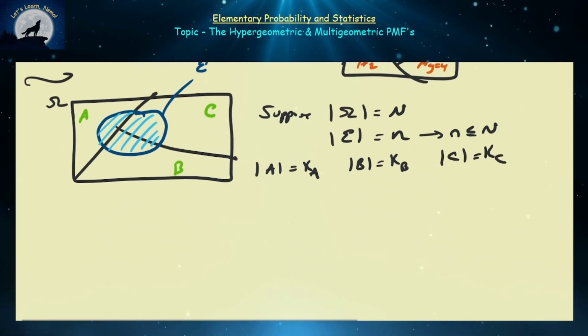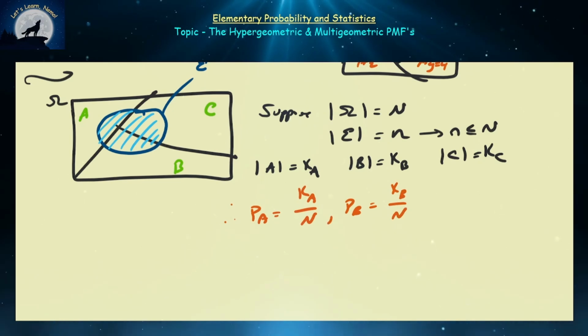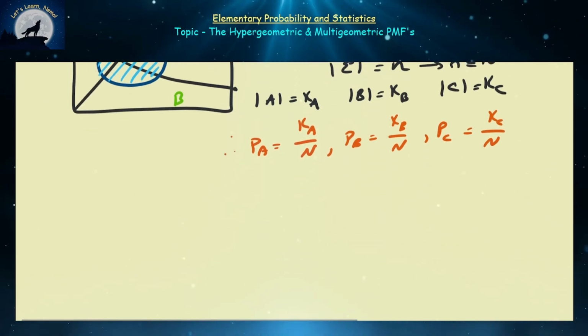So if I were to select one person at random from this population, then what is the probability that it's equal to A? Well, that's obviously going to be Ka divided by capital M. Pb will be equal to Kb divided by M. And the probability that it's C will be equal to Kc divided by M. That's assuming that you select one person from this population.